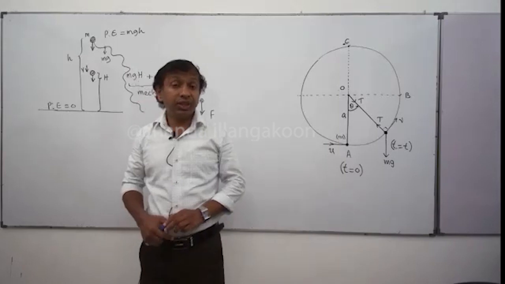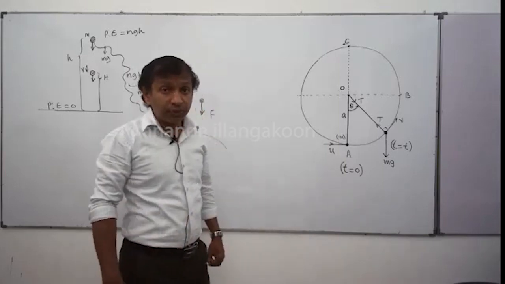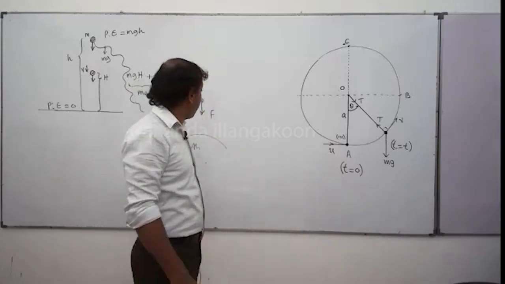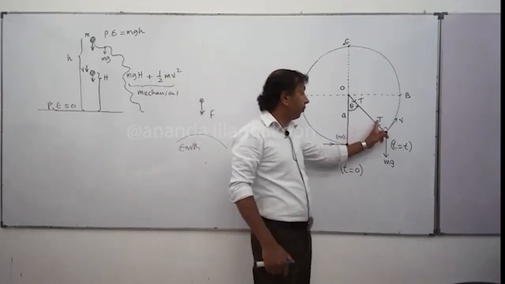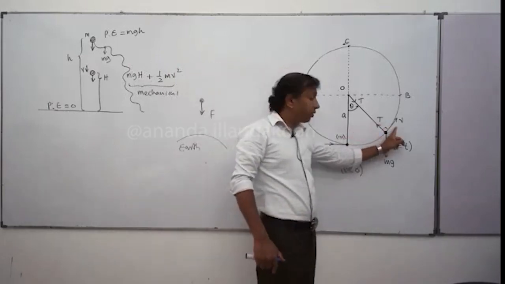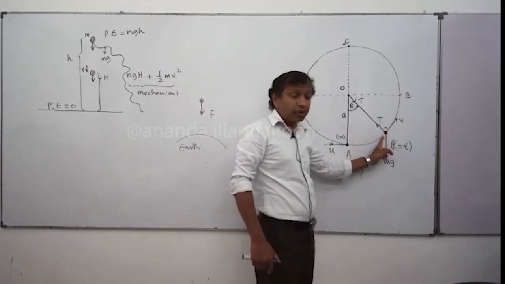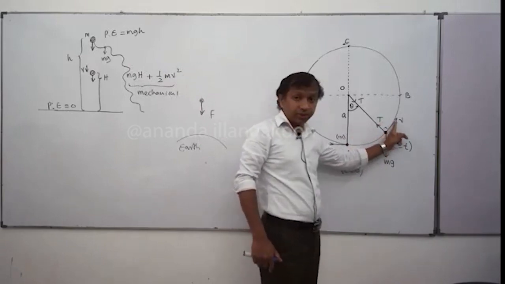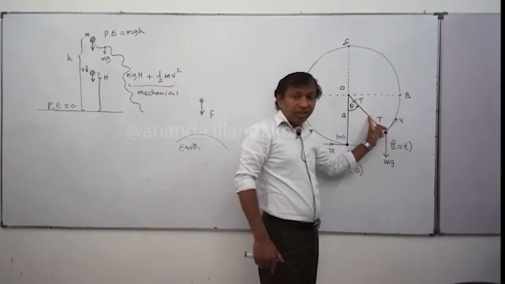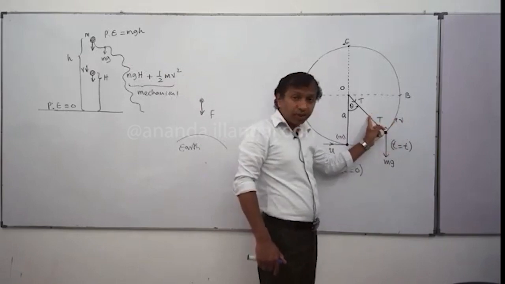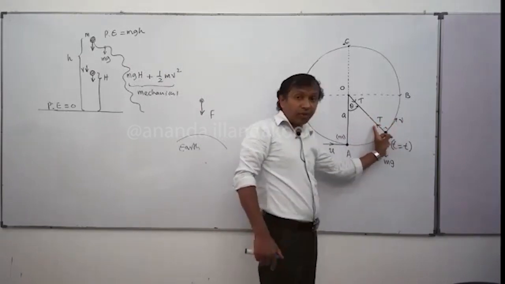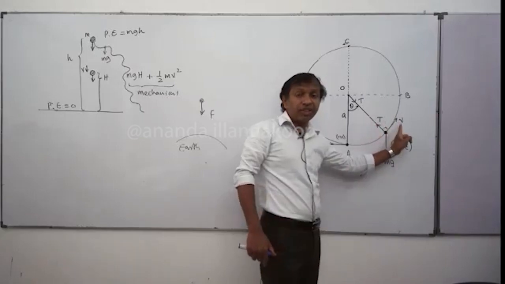But even though this tension T is an external force, as I told you, it is perpendicular to the direction of motion of the particle. The particle will have a displacement along the tangent, but tension T is perpendicular to that. Then this T won't have any component along the direction of the tangent.